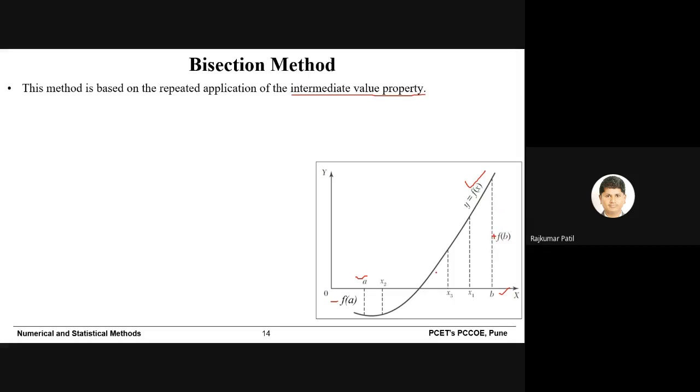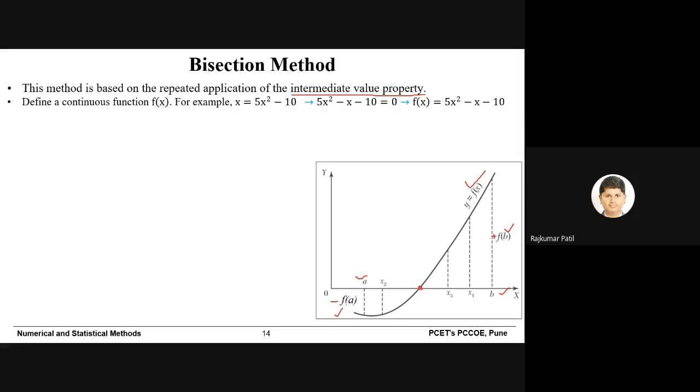If you take the product of f of a and f of b, then the answer is always less than 0 in this case. If this is the situation, then definitely a root lies between the two points, A and B. This is the intermediate value property, and last lecture also I emphasized that you must remember this property, because I am going to use that word again and again.